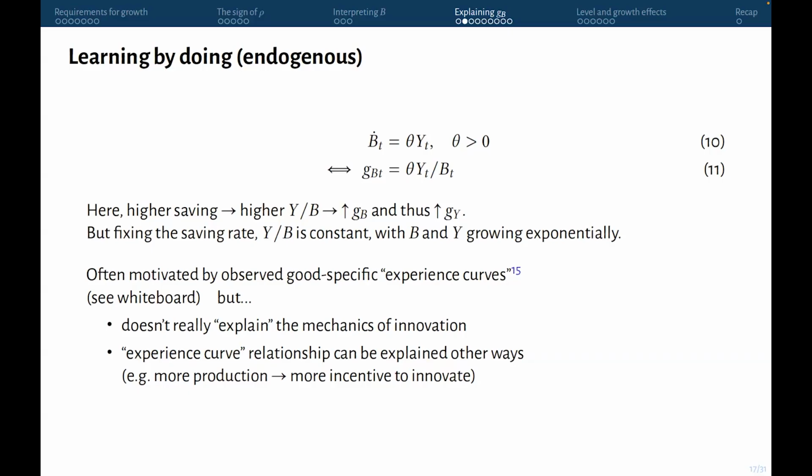Maybe sometimes, but often you need to put in an explicit R&D effort and do experiments that you don't accidentally wind up doing as you're doing trial and error. Yeah, as you were just saying, you can explain the empirical relationship in other ways, like the reverse causality thing, where you invest more in lowering the price of something because you know that you'll have to produce more, or you're able to sell more when it's cheaper.